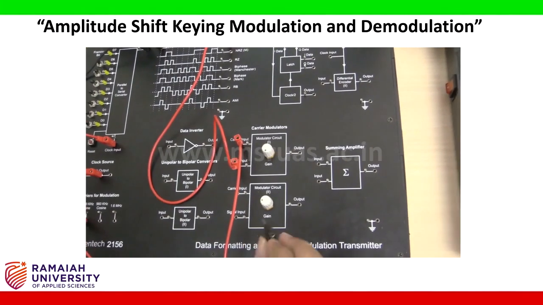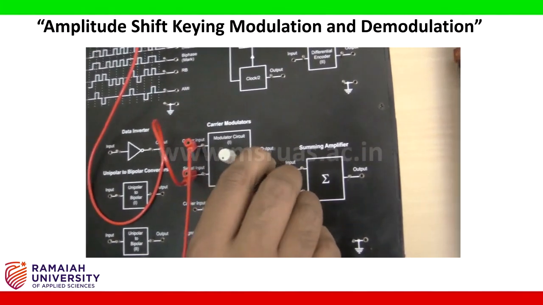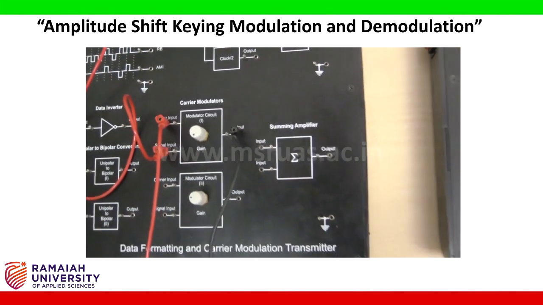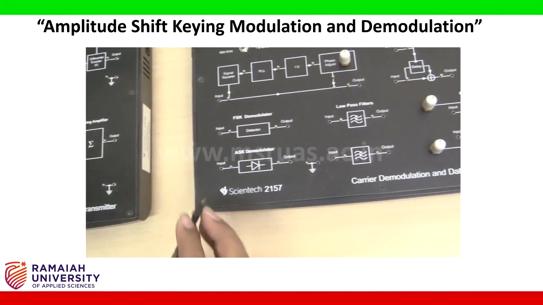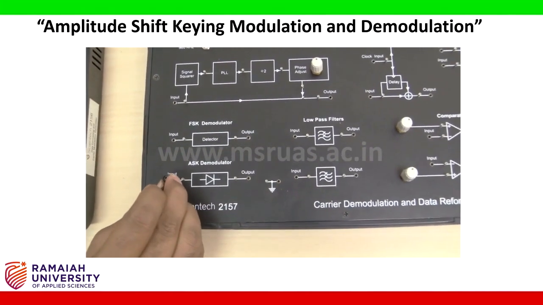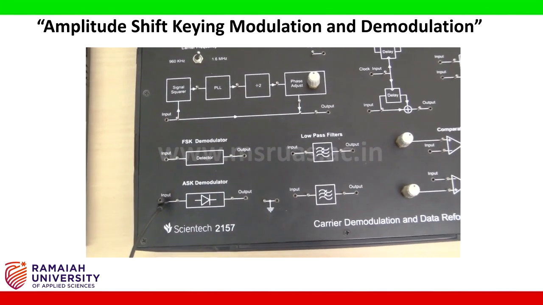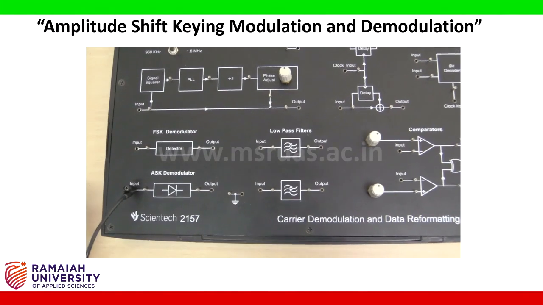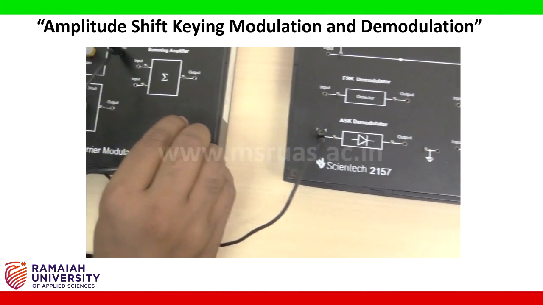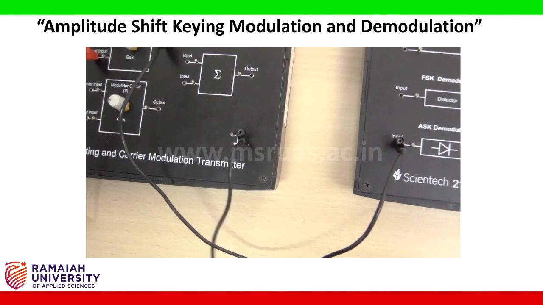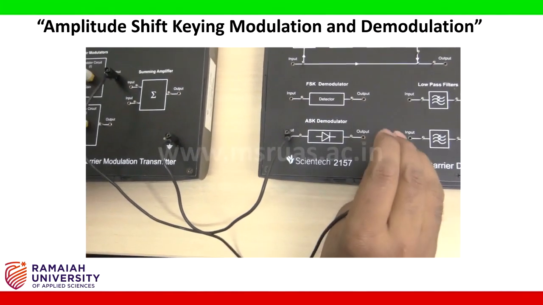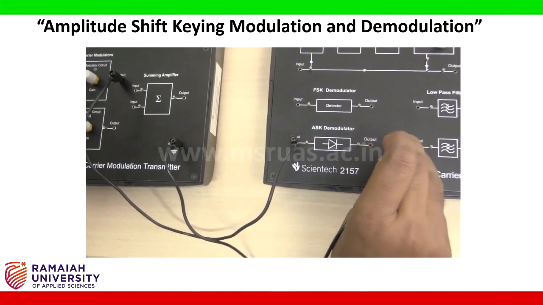Connect the carrier modulator output to the input of ASK demodulator. Since I am using two boards, I have to make the ground common. I am connecting the ground of the Syntec 2156 to the ground of 2157.